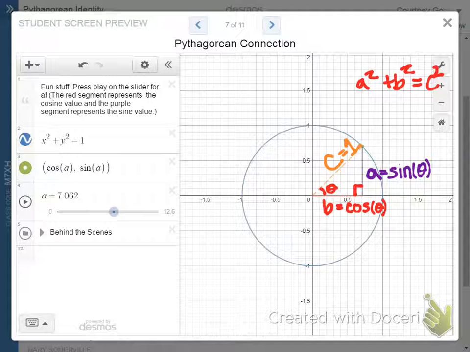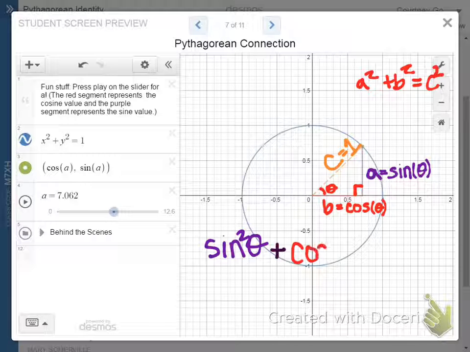So if I plug these things into the Pythagorean theorem, so for A I plug in sine of theta, so I have sine of theta, and it's squared, right? Because it's A squared. Okay, and then I have plus B squared, which is cosine squared, and that's going to equal c squared, which is just 1 squared, or 1.